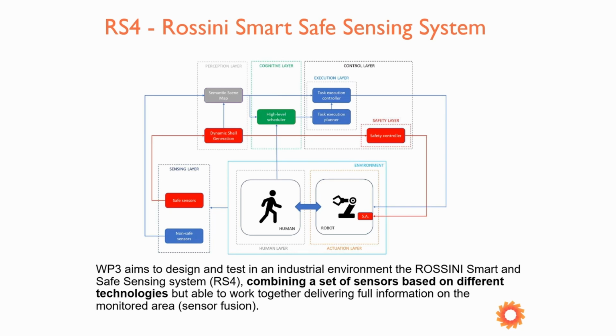And the main aim is to combine a set of sensors that can be also from different technologies in order to reconstruct a monitored area using sensor fusion. And the reconstructed environment will be used to limit the speed, for example, of the robot, or stop the robot when a hazardous situation can occur for the human.